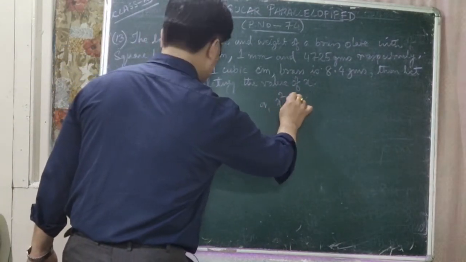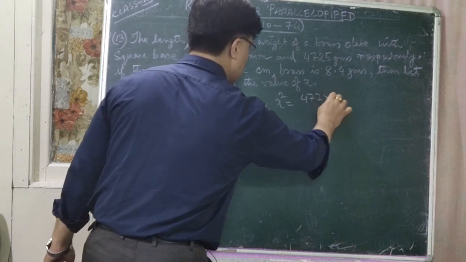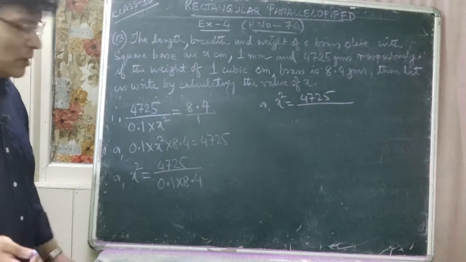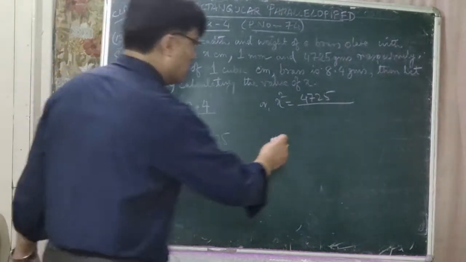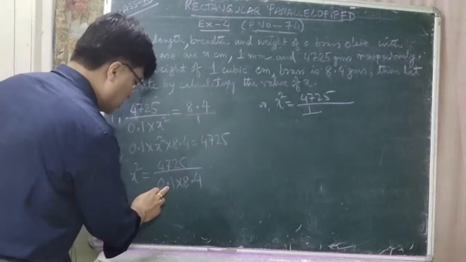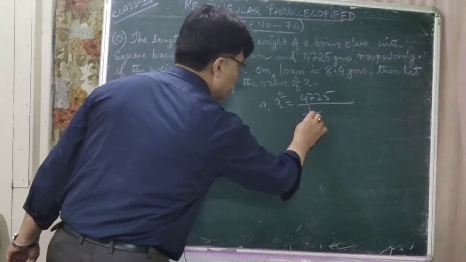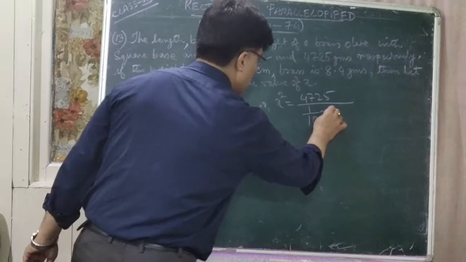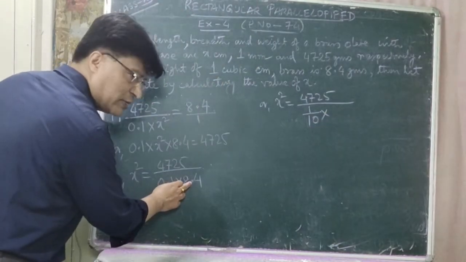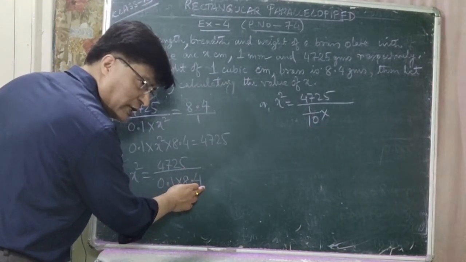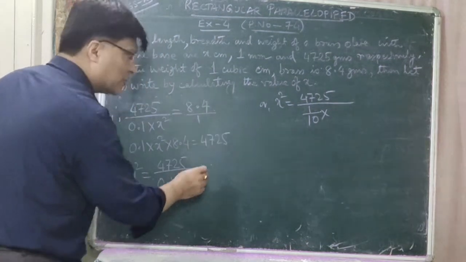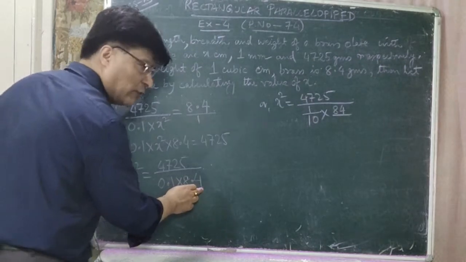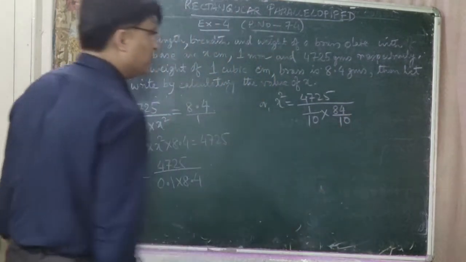Or x square is equal to 4725 divided by, so how will you write 0.1 in terms of fraction? After the decimal point there is only one figure, so it is 1 divided by 10. Here also after the point there is only one figure, so write it in terms of fraction: 84 divided by 10.